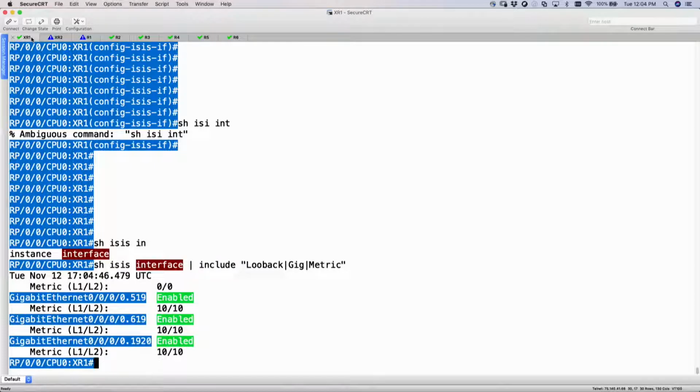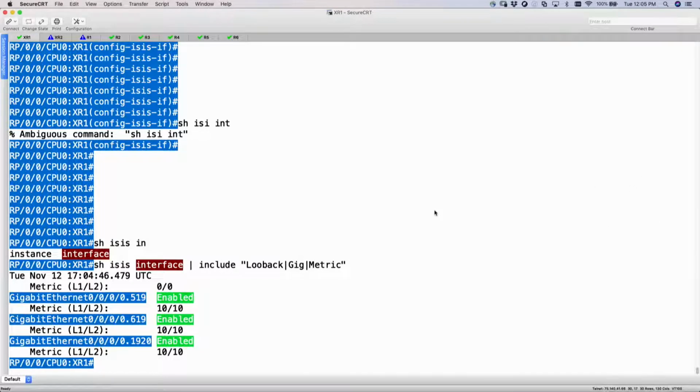As you can see here, whether it's a loopback or a gig port, the metric you see here is going to be 10. That is the default metric. So whether it's an IOS XE or an IOS XR, it doesn't really matter. The metric is by default going to be 10.